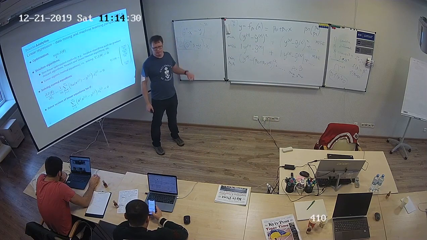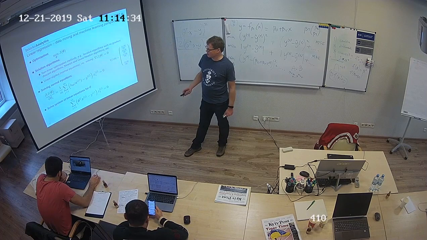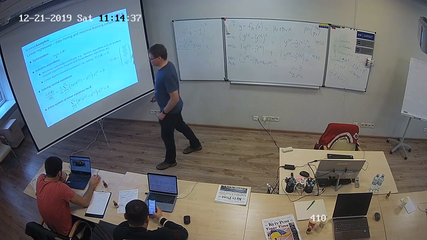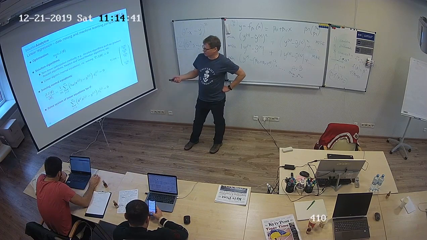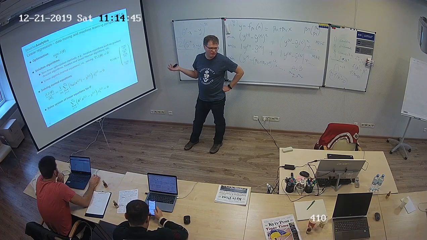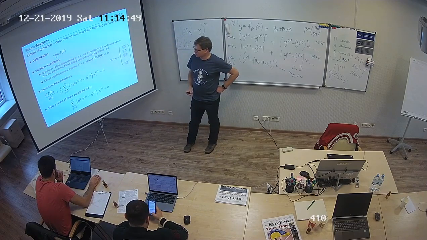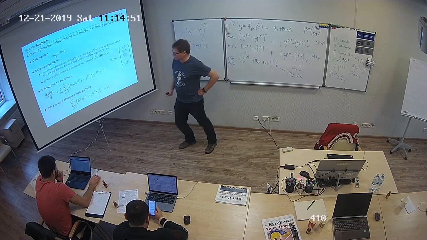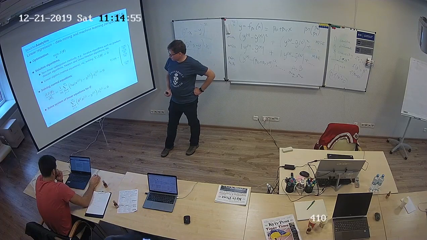What is 1 divided by m? Yeah, 1 divided by m doesn't matter either. You can keep it there, you can remove it. It's just a constant in front of every gradient. Why is it there?